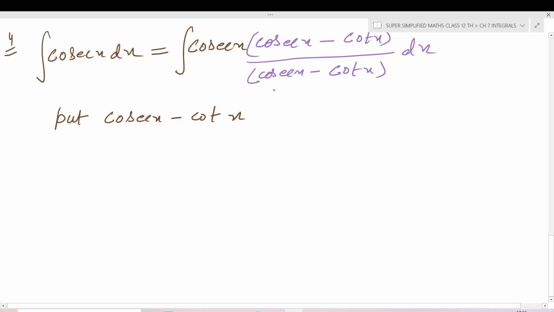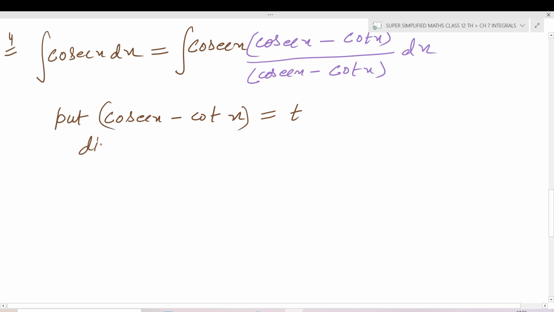I am substituting cosec x minus cot x to be t. So students, listen, I have to substitute that expression to be t whose derivative is present in the numerator. This expression that I have assumed to be t can be either in the numerator or in the denominator, but its derivative should be there, then only I can assume any expression to be t.